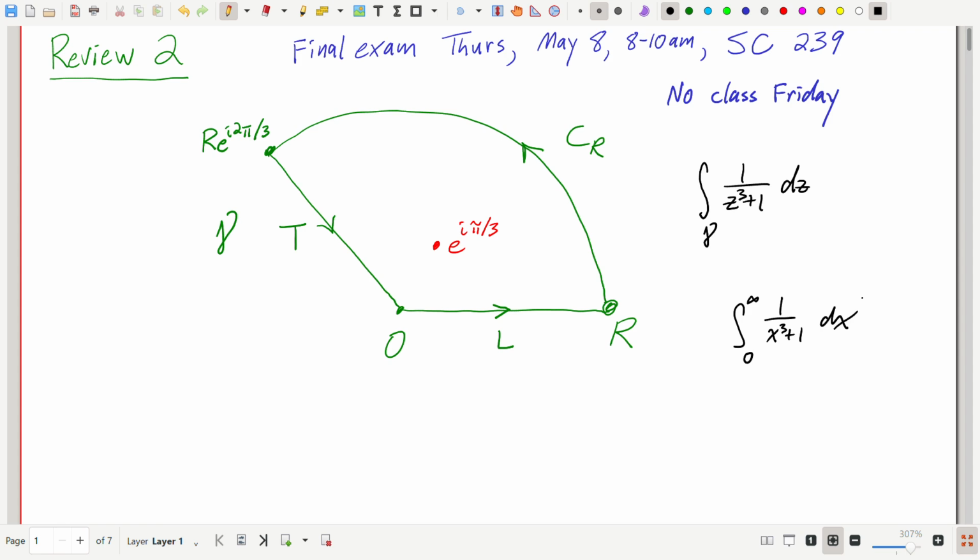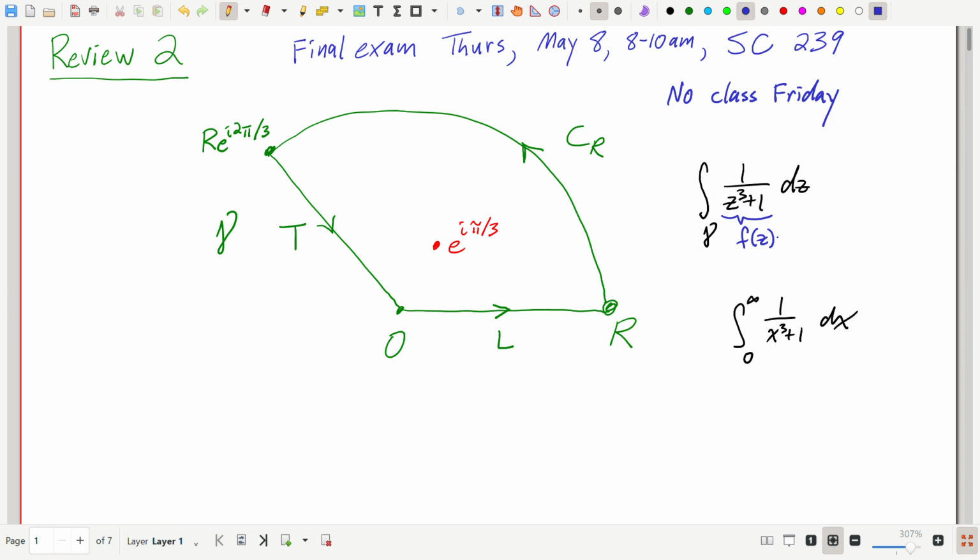And so the integral along that L part, if I use this function f of z to be this one right here, the integral along the L part is the one we want. I showed you how to relate the integral around the t part to the integral we want last time.